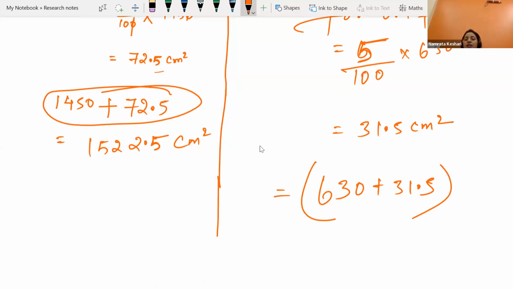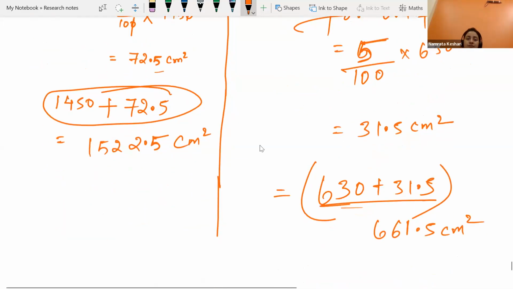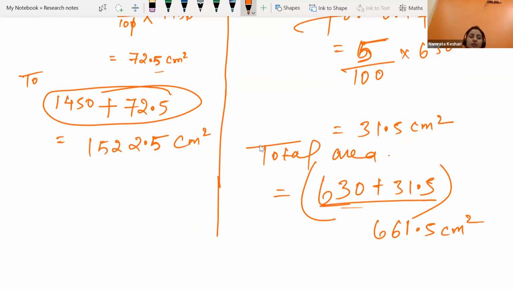So the actual area will be 661.5 centimeter square, right? Yes, ma'am. This is the final total area required for the box.